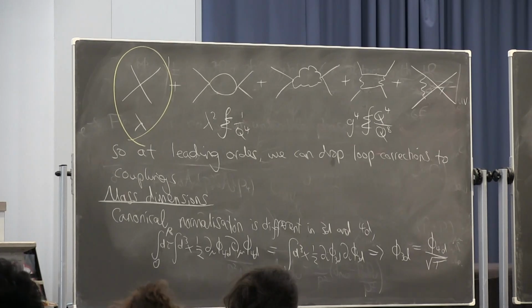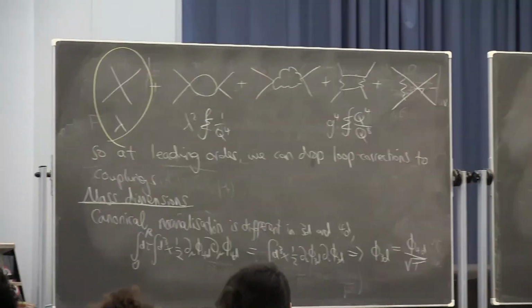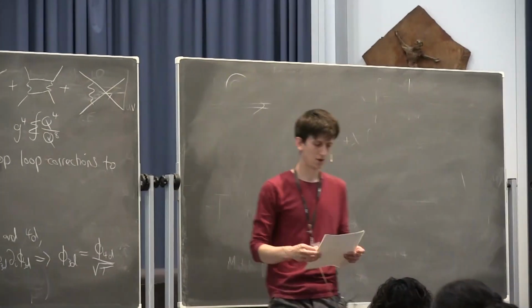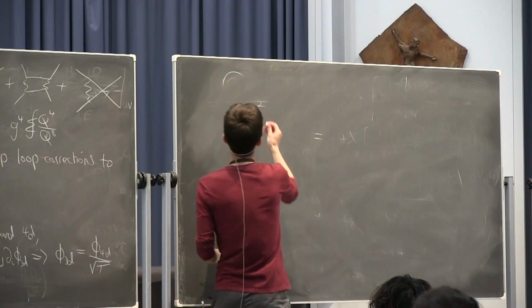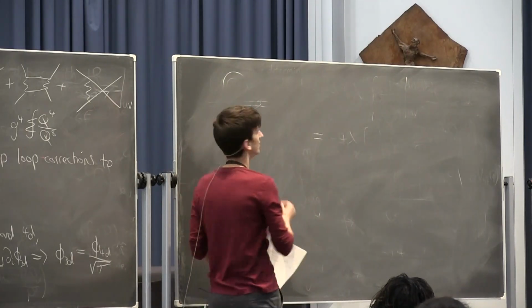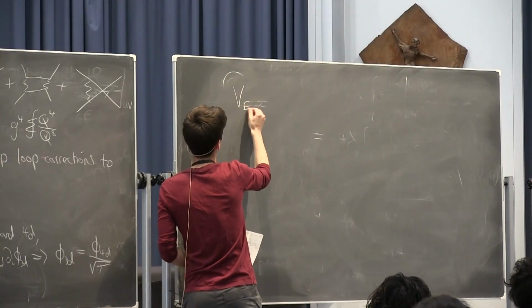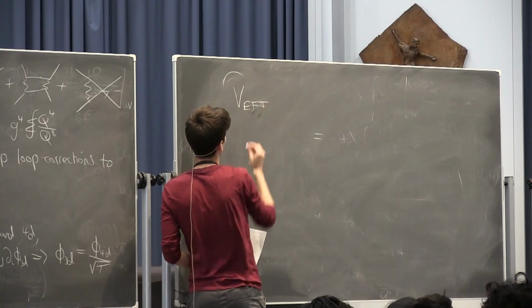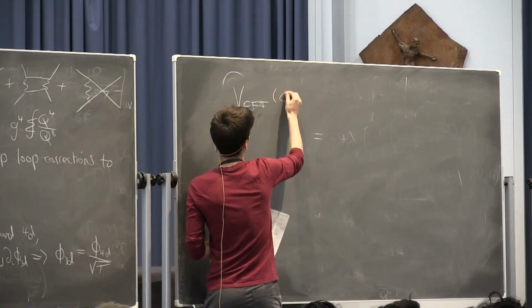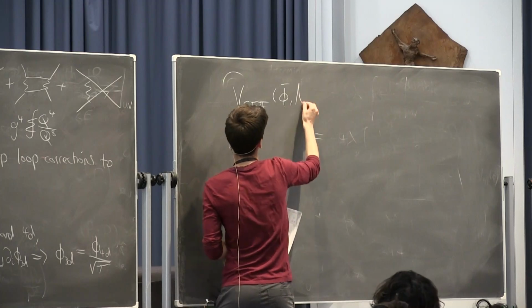So let's take stock a little bit. What have we achieved in doing these calculations? Let's imagine we've computed the others. We would then have an effective field theory with a potential which depends on phi bar and a naught bar.